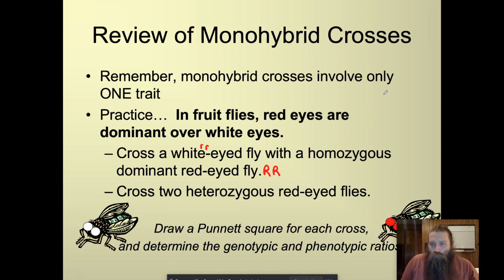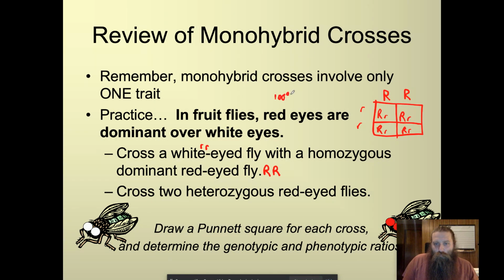So if I wanted to do this cross, we would do big R, big R by little r, and hopefully you remember that when you cross all dominant with all recessive, you get four hybrids. So I would have 100% genotype of big R, little r, and I would also have 100% red eyes because the dominant gene is going to show up.